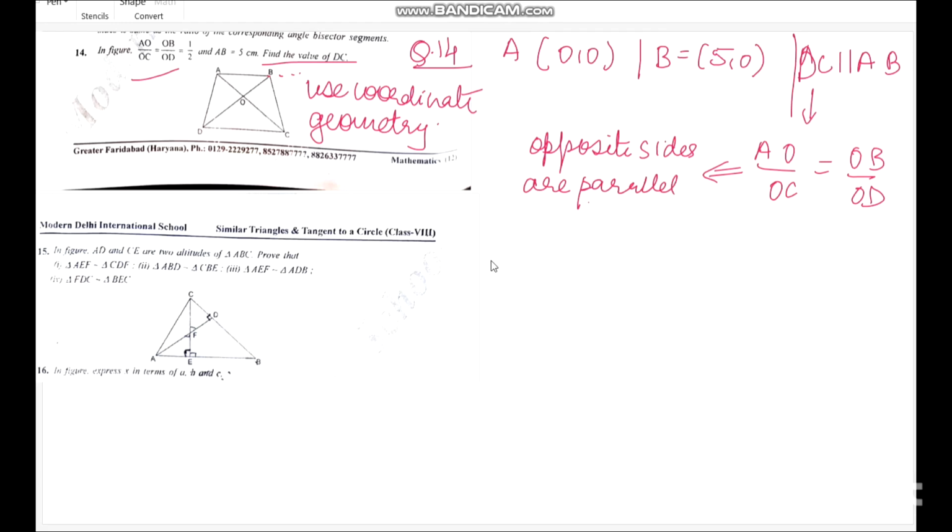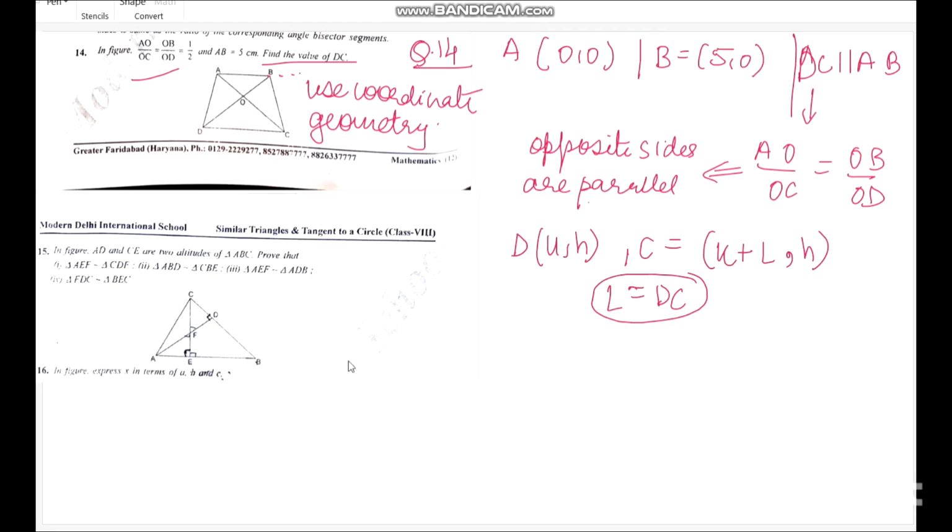Okay, now one more thing: if I use D as (u, h) coordinates, then C will be (u plus l, h), where l is equal to the DC value. And H should not be 0, H is not equal to 0, because I already put A on the x-axis.